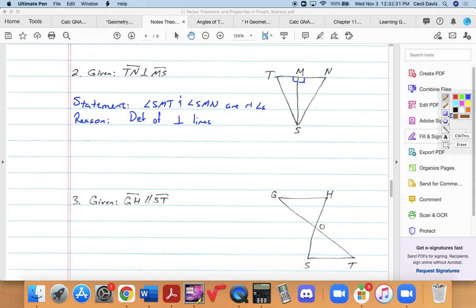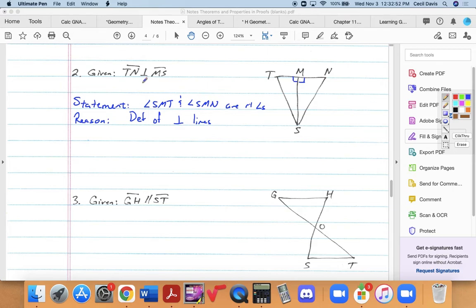I thought right angles were congruent to each other. Wait. Hang on, one at a time. I thought aren't both right angles congruent? Yes, if I know they're right angles to start with, but I didn't know that. I started off knowing that I had perpendicular lines. From that, I know I'm going to have right angles.